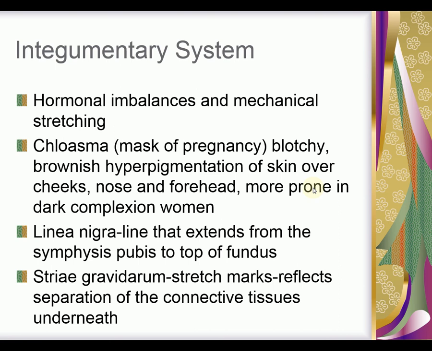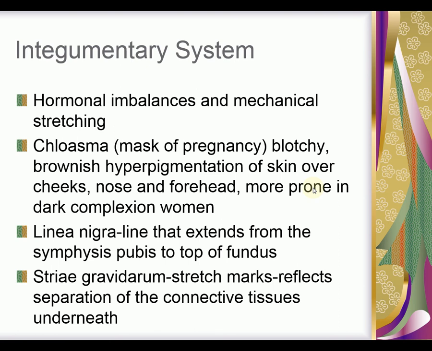Chloasma is known as the mask of pregnancy. It's usually a brown hyperpigmentation of skin that's over the cheeks, the nose, and the forehead. It's more prone in women of dark complexion, such as Hispanics and African Americans. What can we do with this?